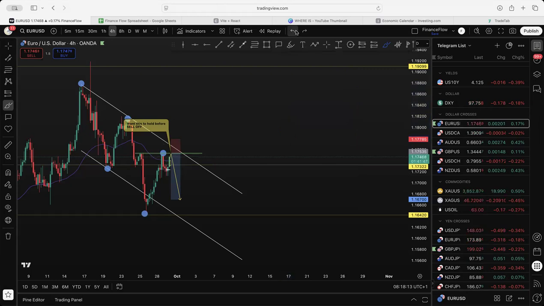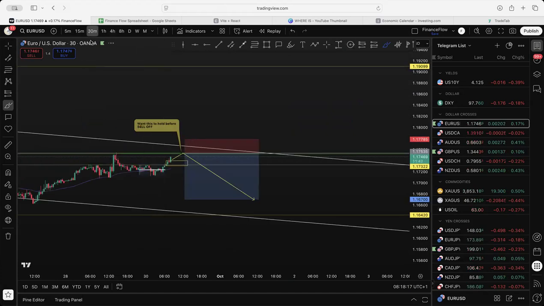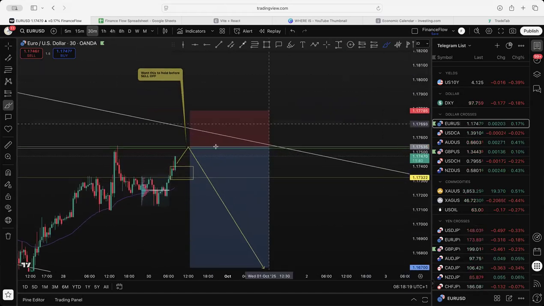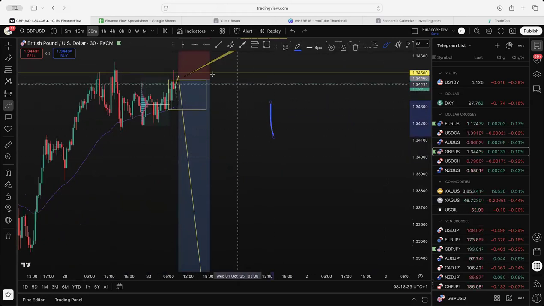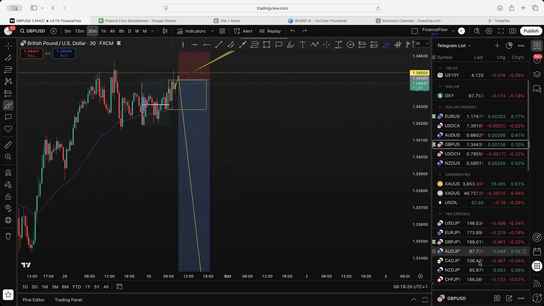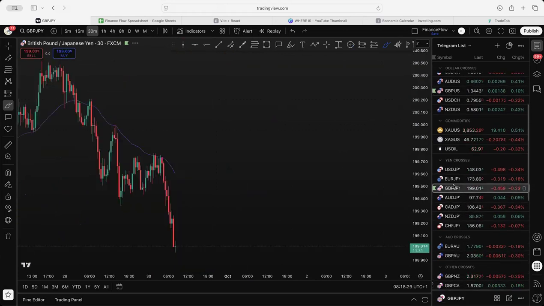So make sure you write that one down because it will help you. So we have EUR USD here, which we're interested in around this area. We've got GBP USD, which we're interested in around this area here. Did we have GBP JPY?